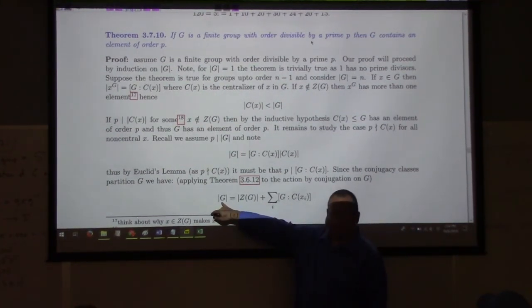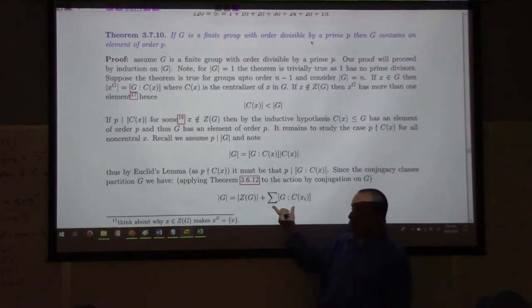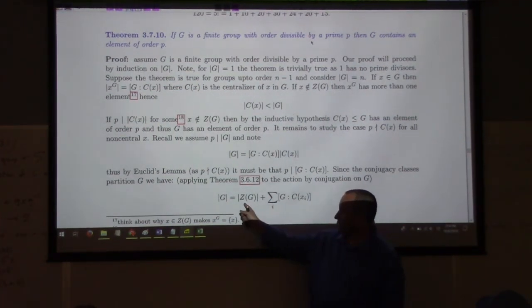And the order of G is divisible by P by assumption. So if we subtract the sum to the other side, we have that the order of the center of G is the difference of the order of G and the sum, everything in there being divisible by P. That implies that the order of the center of G is divisible by P. All right?